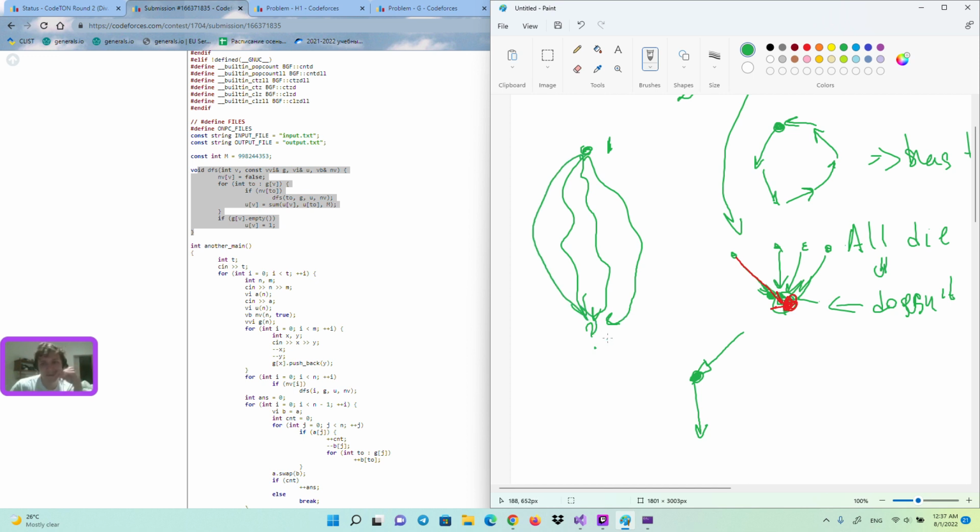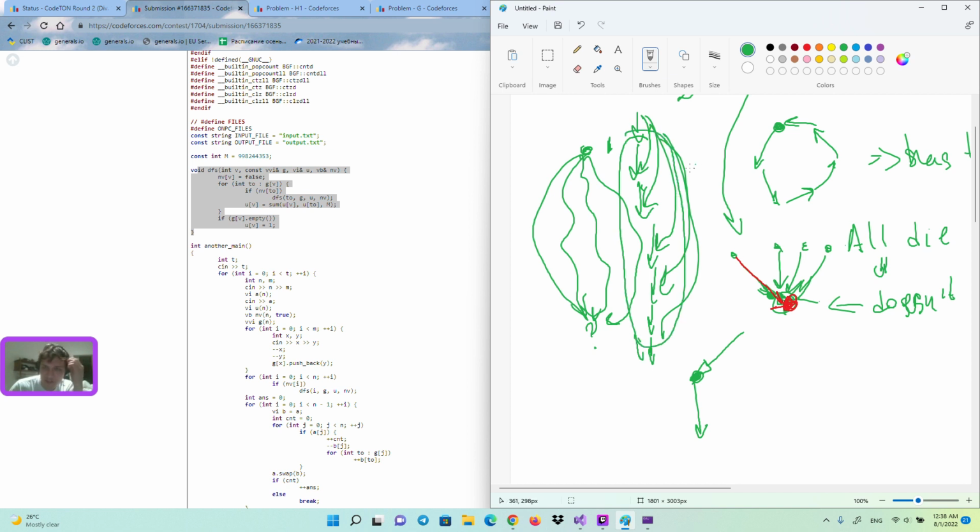It may be exponentially large easily. For example, if we have it like this, and this is a complete graph, then any subset of these intermediate vertices can be used to get from here to here.